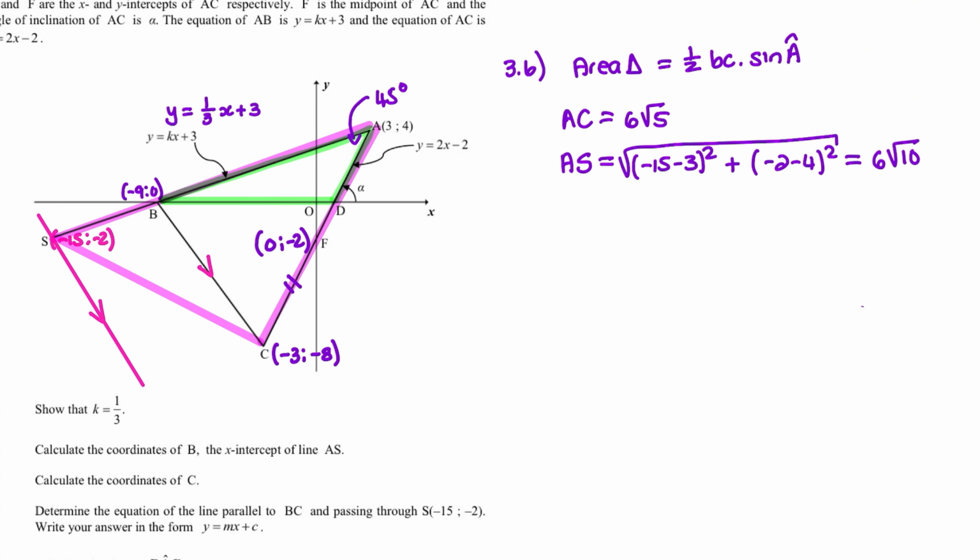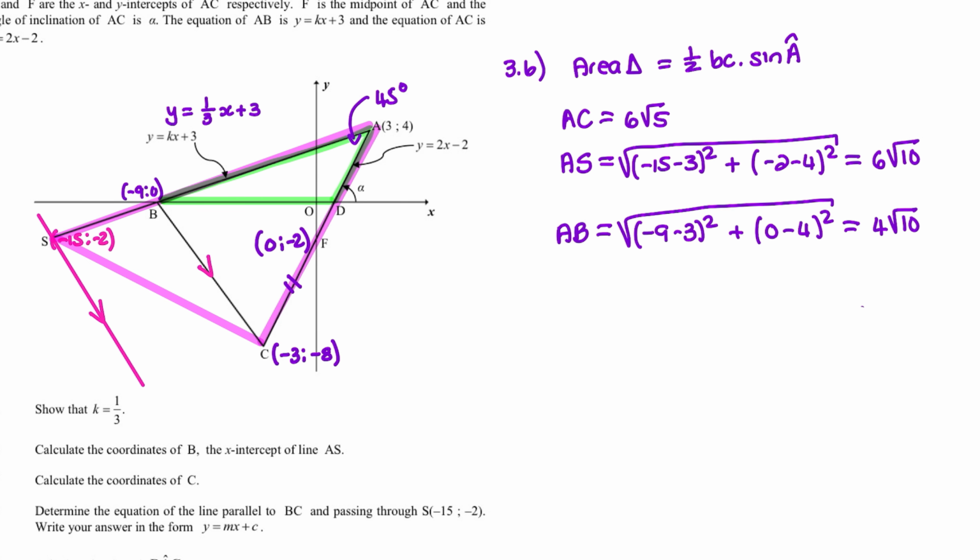Next, we can find the length of AB. So we'll focus on the green triangle. AB is equal to the difference of x values squared, so that is minus 9 minus 3 squared, plus the difference of y values squared, and that is 0 minus 4 squared. And I take the square root of that, and that is 4 root 10.